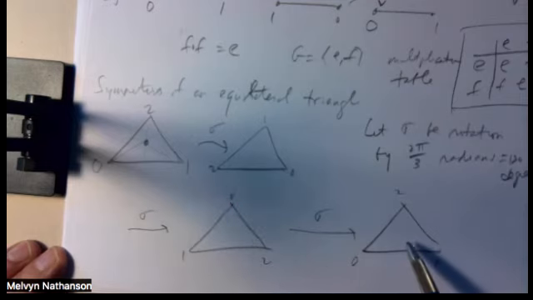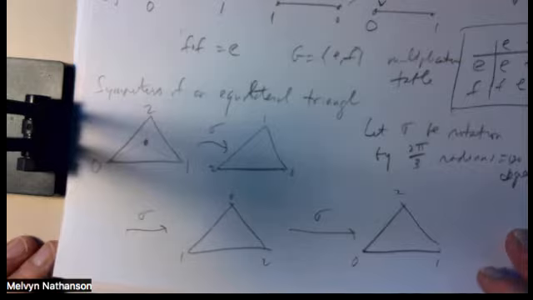So I'm back where I started. So sigma, sigma, sigma brings me back where I started. So we can look at this group. It's really a very beautiful group to study.